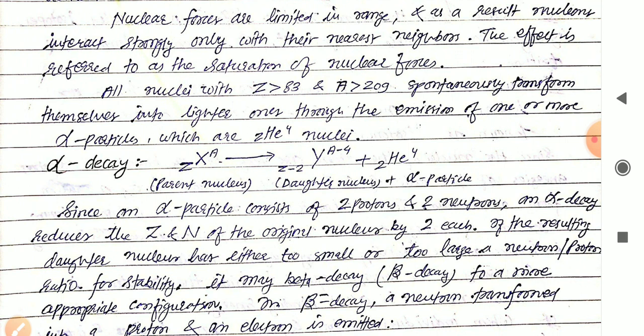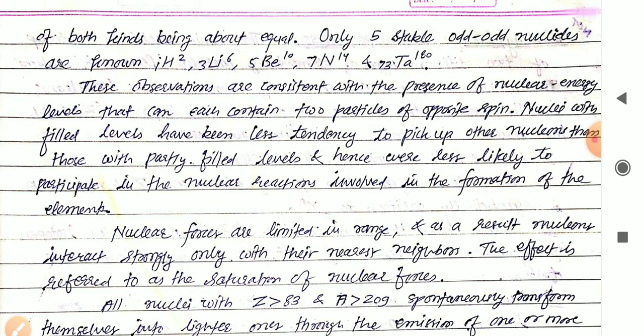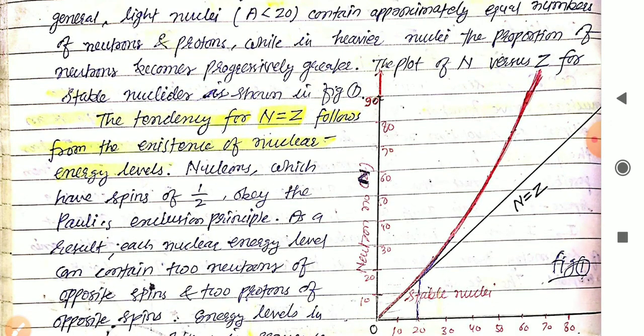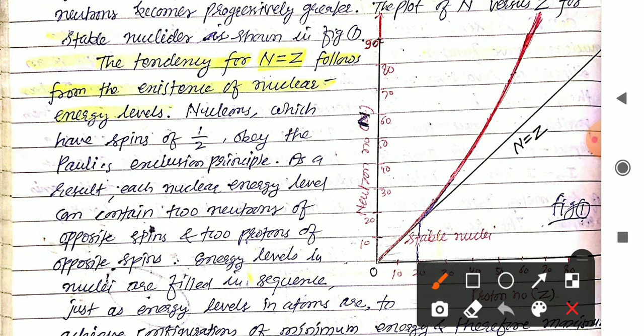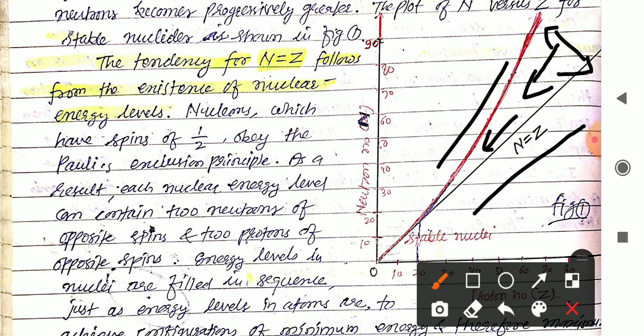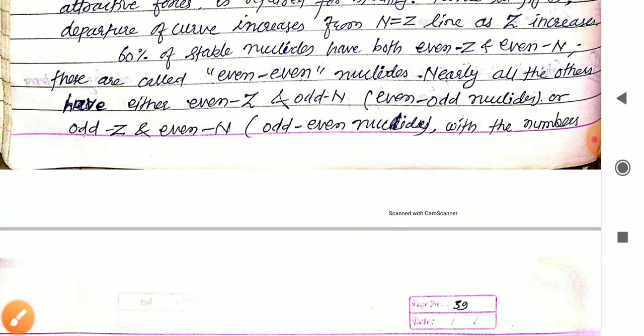After emitting two protons and two neutrons, the nucleus slightly deviates backward as shown in figure 1. So as the number of neutrons and protons reduces, the nucleus shifts backward, or we can say the difference between the original and the stable configuration line reduces, and in this way it gains stability.